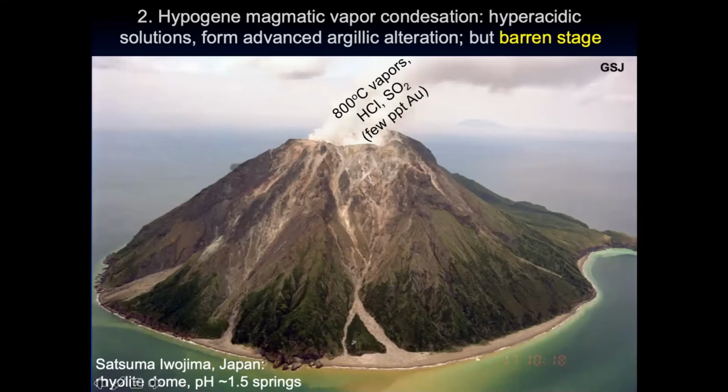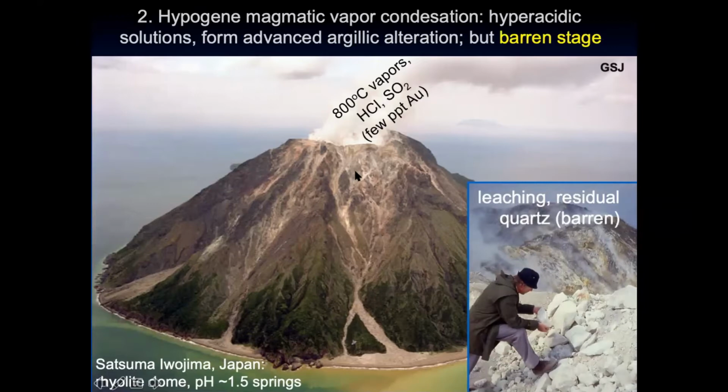These are actually dissolved rhyolite, rhyolite dissolved into these acid fluids. What the leaching does is leave behind this residual quartz, and the residual quartz has a fine vuggy texture after the original rhyolite.